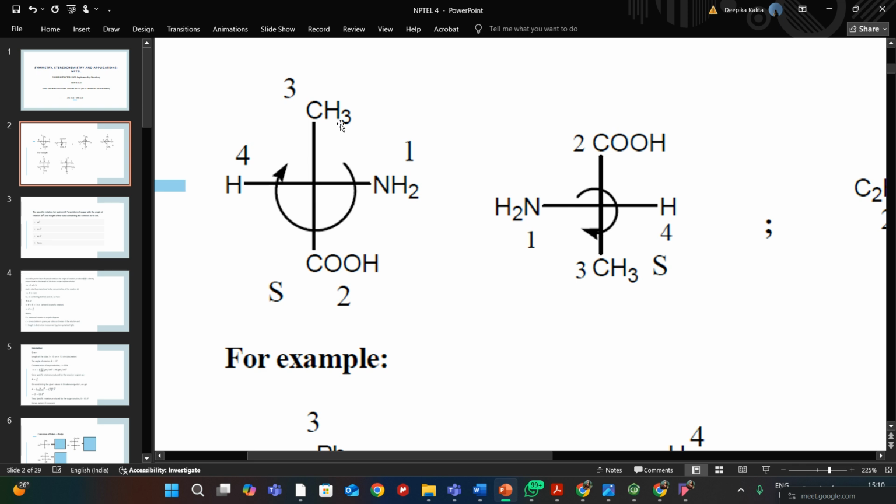So here in methyl, hydrogen comes after the carbon atom. But in carboxylic group, oxygen comes after the carbon atom. And as we know, oxygen is having the higher atomic number. So the second priority goes to the carboxylic acid group. And hence the third priority will be given to the methyl substituent.